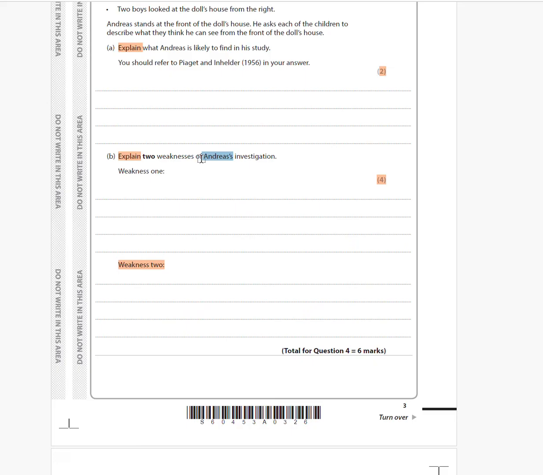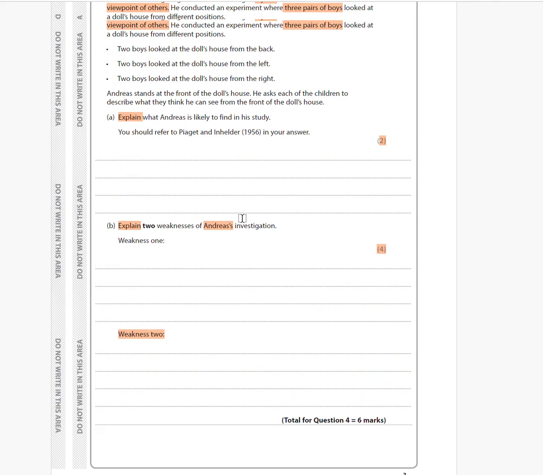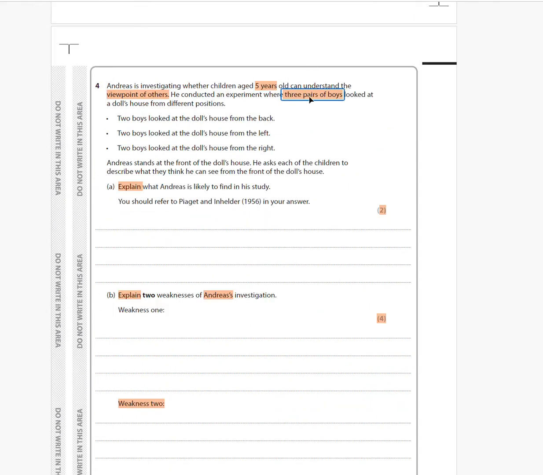Again, though, just a tip here: don't forget, yes, it's an AO3 question, but it's still asking you to apply it to Andreas's investigation. So you have to put the AO2 in there. The mark scheme for this question will absolutely say, don't accept generic responses. So you need to be saying, Andreas only used 3 pairs of boys in his study.